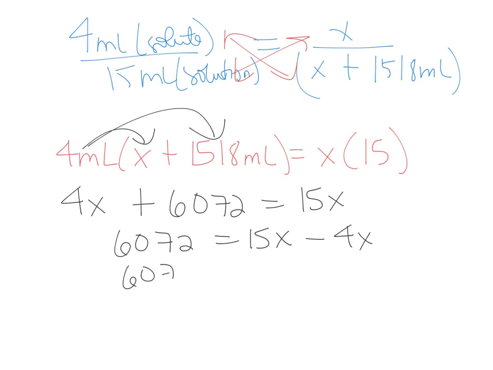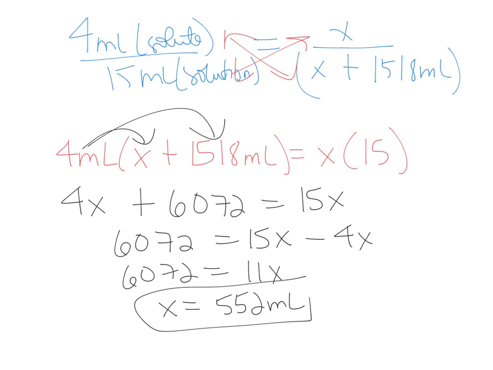So 6,072 is equal to 11x. Going to isolate for x. So x, when we divide 6,072 by 11, we get 552 mils. And that would be your answer for your solute. Okay?